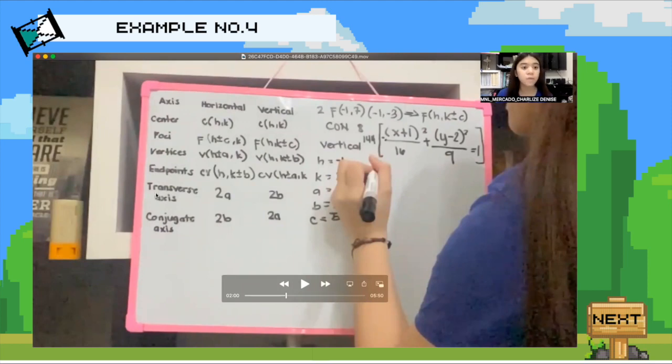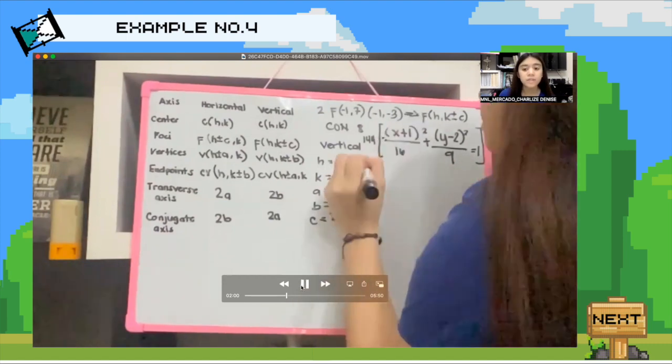So our standard formula is negative (x plus 1) squared over 16 plus (y minus 2) squared over 9 is equal to 1. So the first step is we need to find the LCD. The LCD of 16 and 9 is 144.